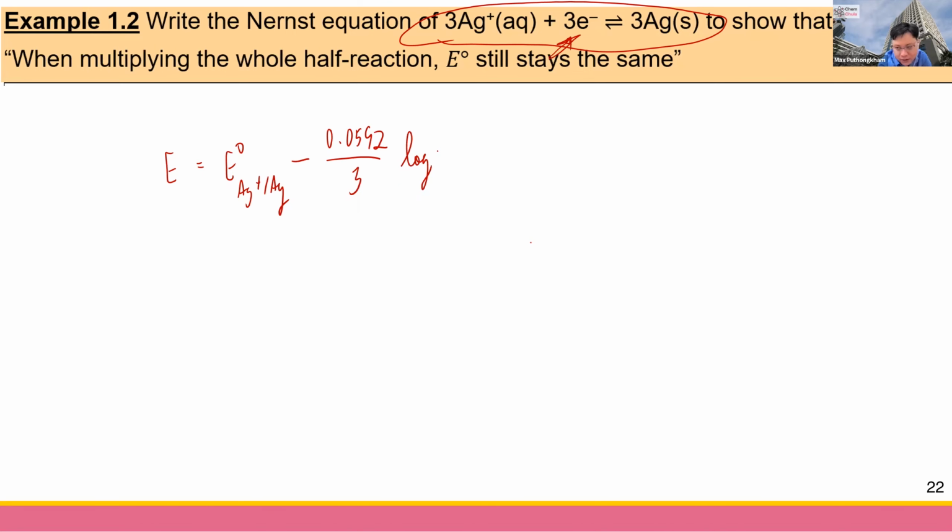Silver metal is pure, so we don't include it in the Nernst equation, but silver ion is in solution, so we have to include it. So the numerator is going to be 1, but the denominator is going to be silver ion, and since it has coefficient 3, you have to put 3 in the exponent.